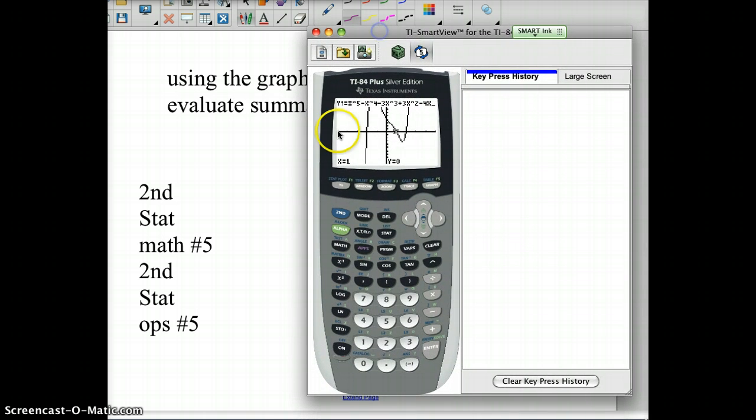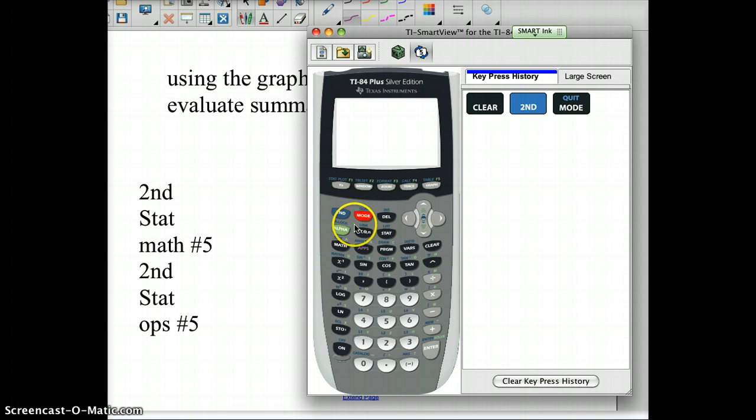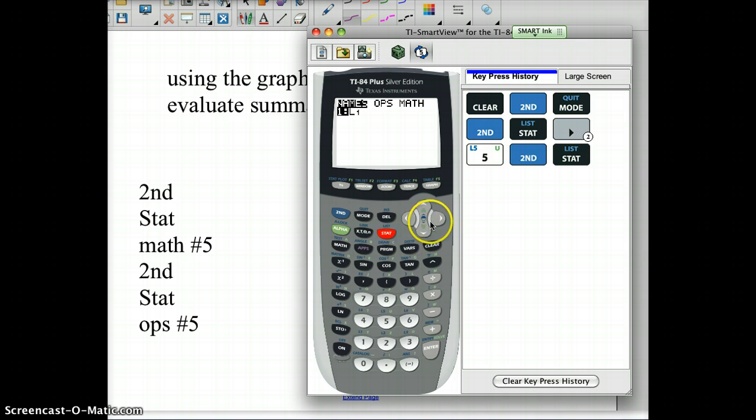So on the graphing calculator, better clear this out here. All right, we're going to go to second stat, go over to math, and go down to number 5 to get the word sum. Then keep that on your home screen and go to second stat again, go over to ops, and go down to sequence.